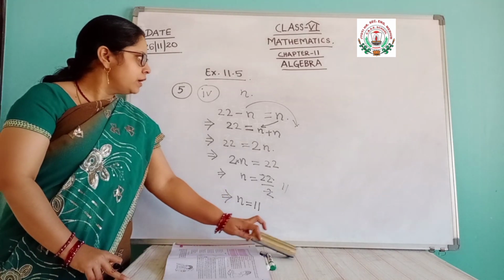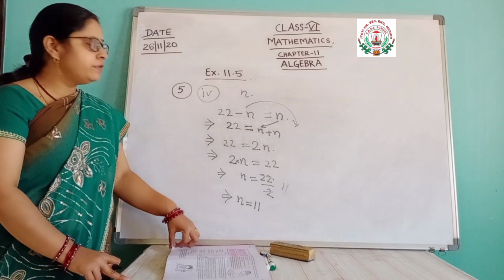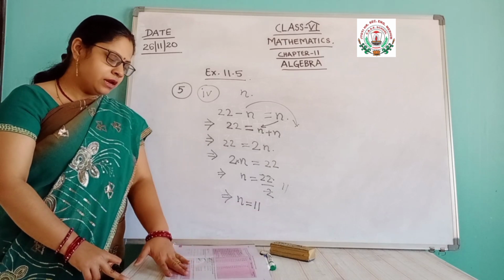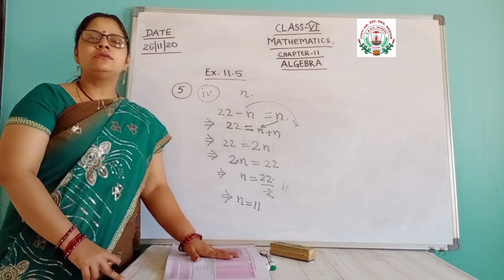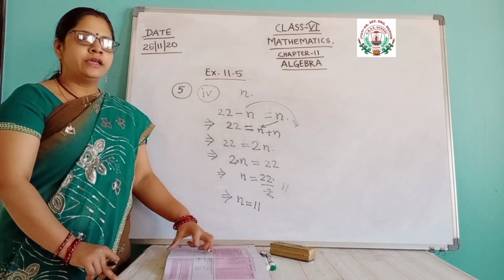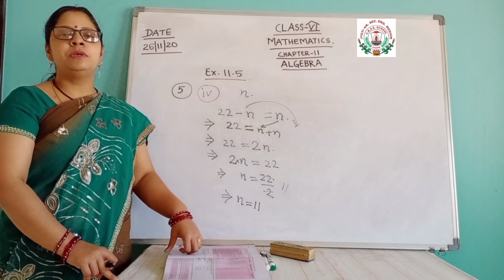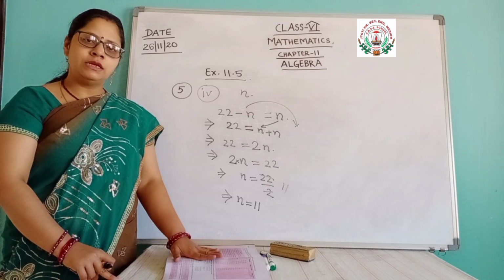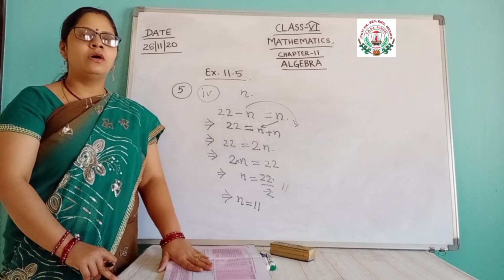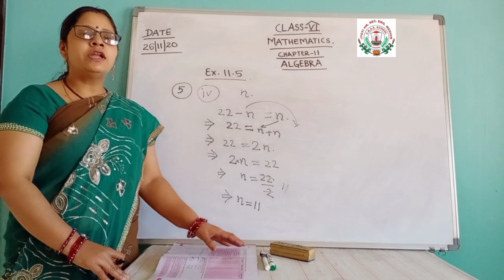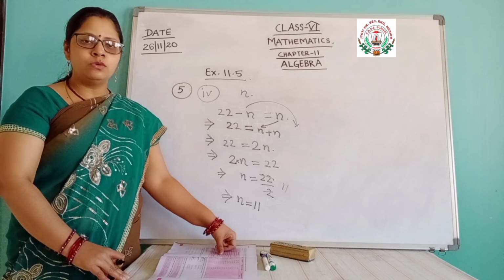Understood? So here we have completed exercise 11.5, and along with that you have completed chapter 11, algebra. So my dear students, we have completed chapter 11 algebra, and as you know, the first exercise PDF you have already received. The rest of the chapter PDF you will get maybe tomorrow or by Saturday. The workbook I have already told you to complete.